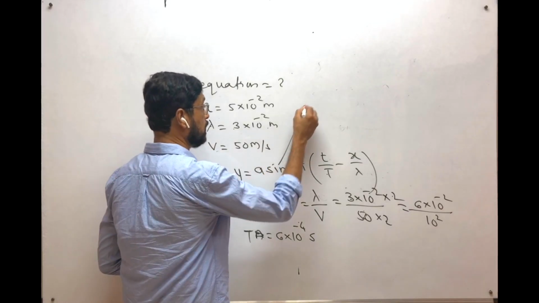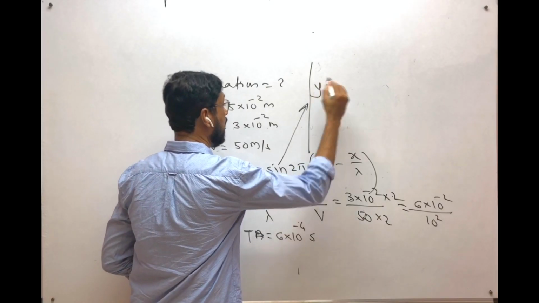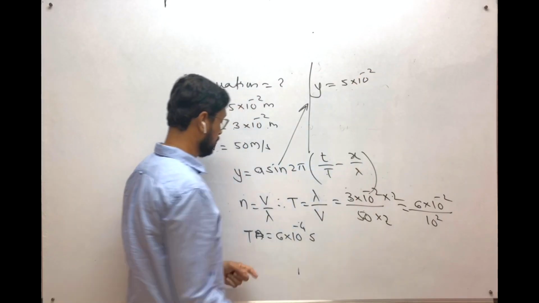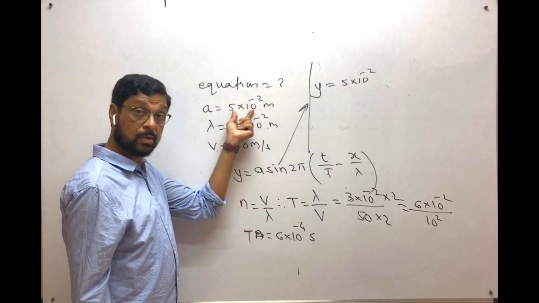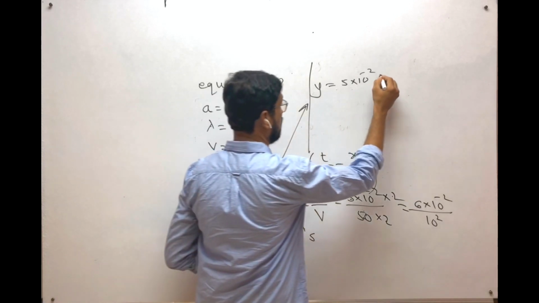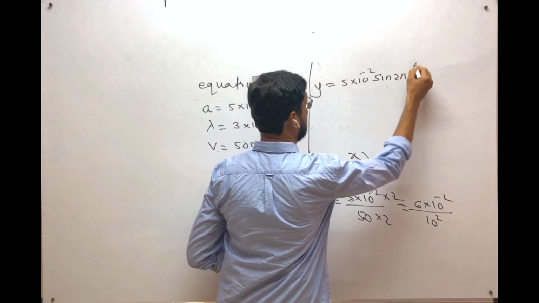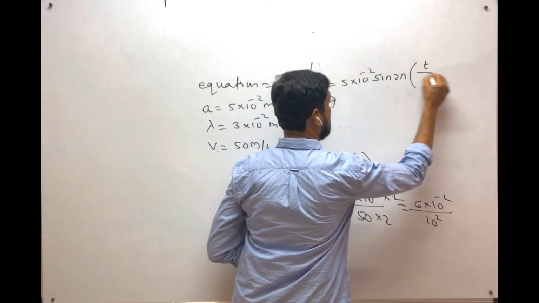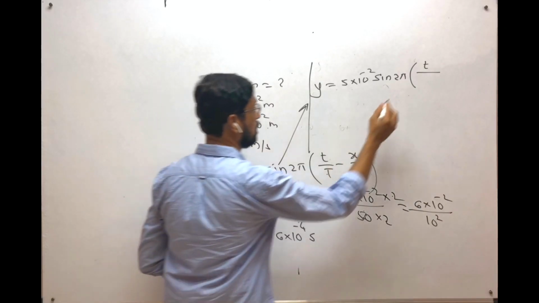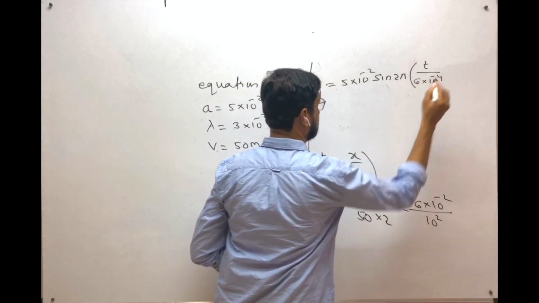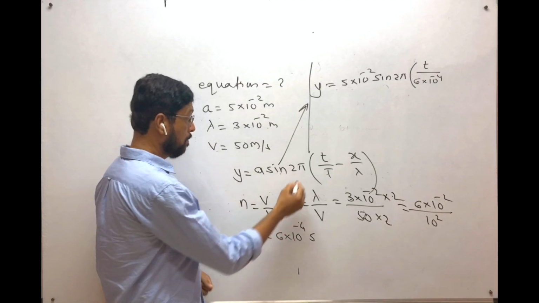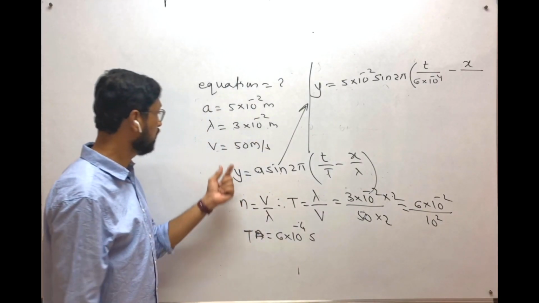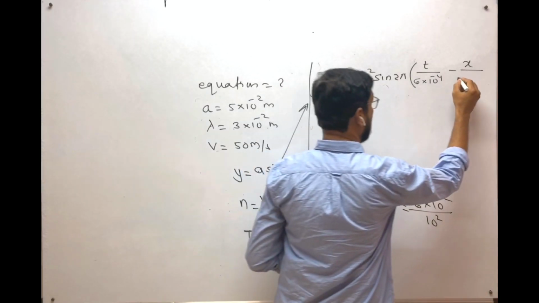So this equation will become y is equal to a, that is 5 into 10 raised to minus 2, sine 2 pi into bracket t by capital T minus x by lambda, 3 into 10 raised to minus 2.